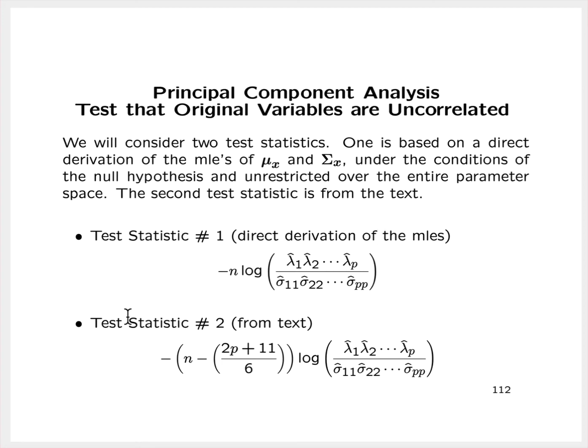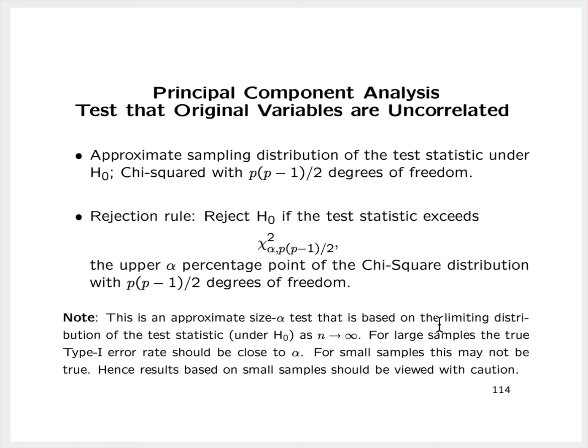Okay, and then we can use either of these two formulas, and we compare the value of the test statistic, whichever one we choose to use, to the upper alpha percentage point of a chi-square distribution with degrees of freedom equal to p times (p minus 1) all over 2. Okay, so that's the procedure.